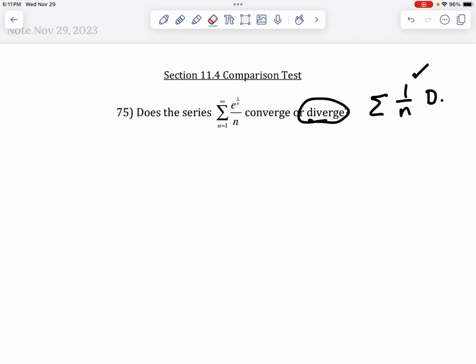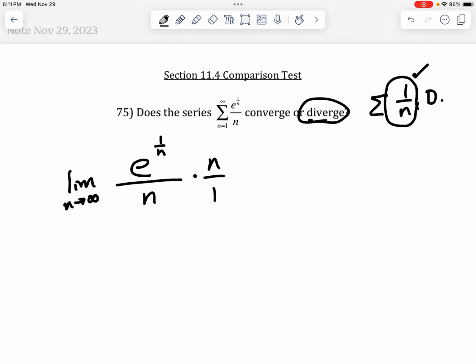If we use the direct comparison test, then just divide the two, so you'd have e to the 1 over n divided by n, and we've got the limit as n goes to infinity, and then divide by this 1 over n, and of course dividing by a fraction means that we invert and multiply. Then take the limit, and as long as we get a number that is bigger than 0, we're in business, and that will prove that it diverges.